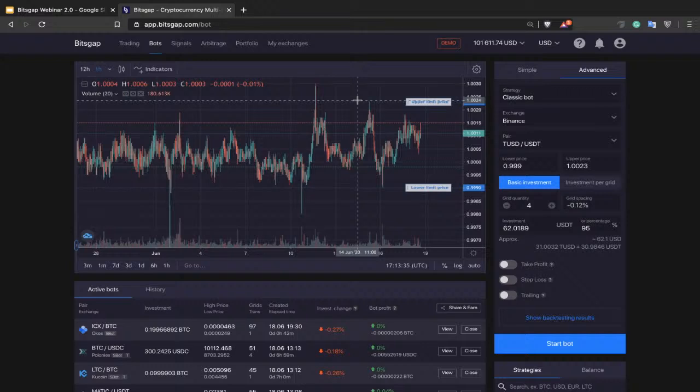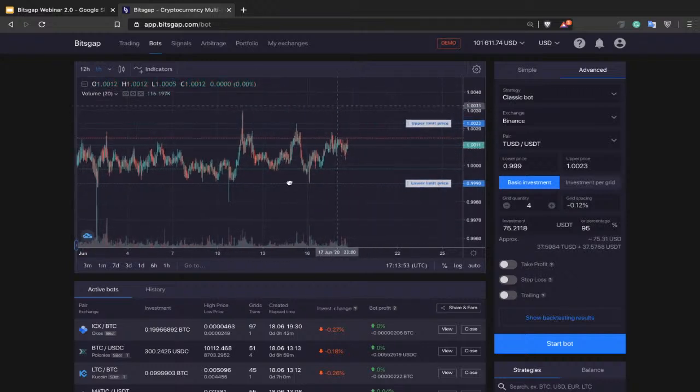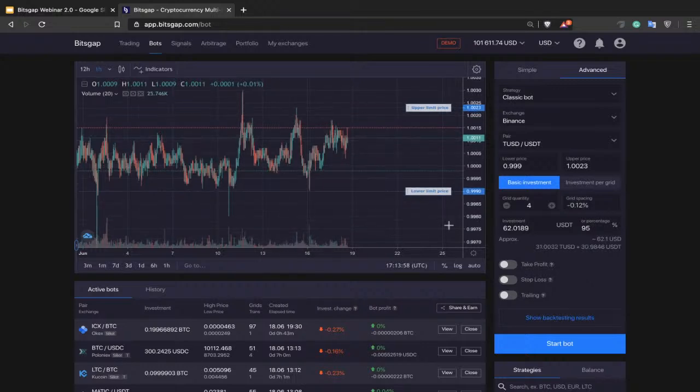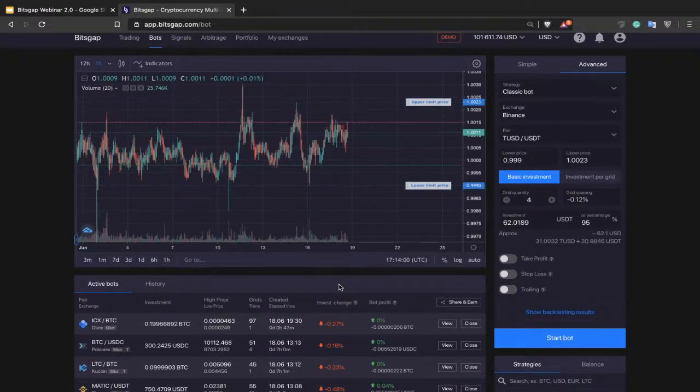That's one of the coolest things that we are about to offer you guys: this almost risk-free passive strategy. As soon as we launch it, I will initiate the bot, and during the next webcast I will show you the results. As of now, we've covered pretty much everything. If you have any questions, let me answer.